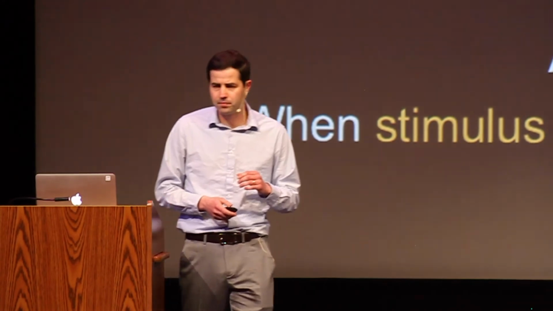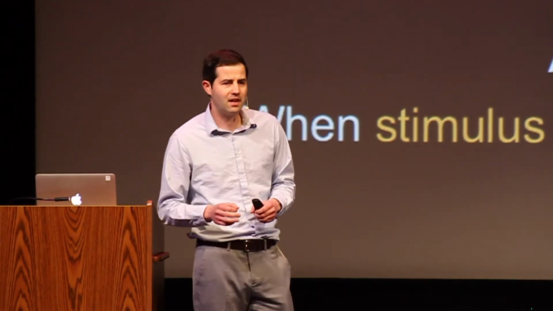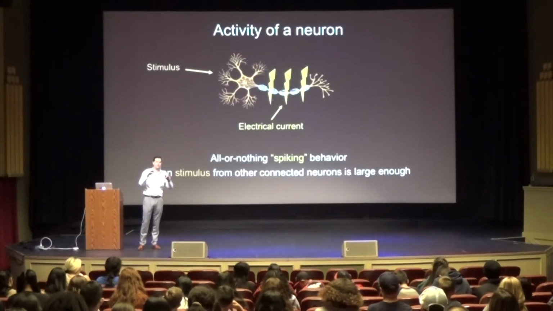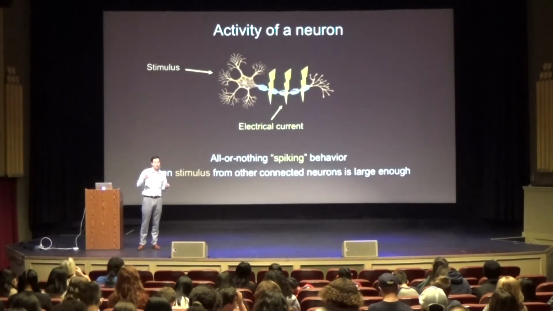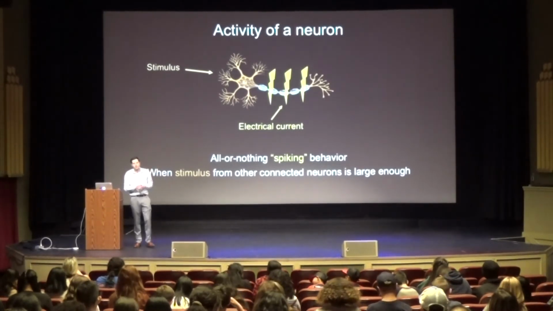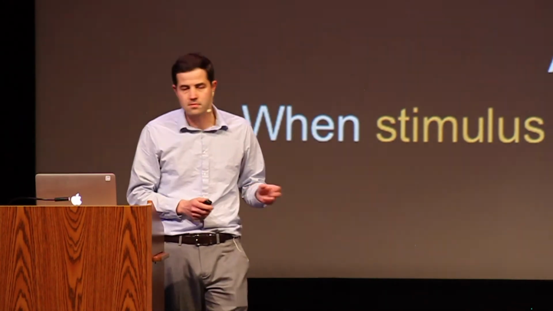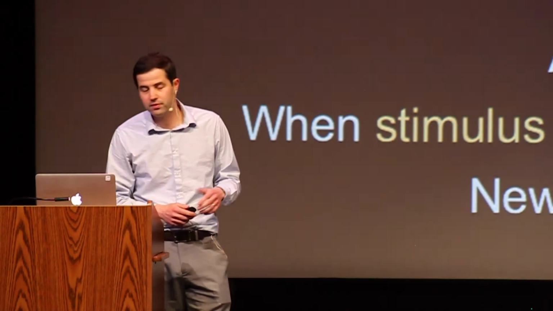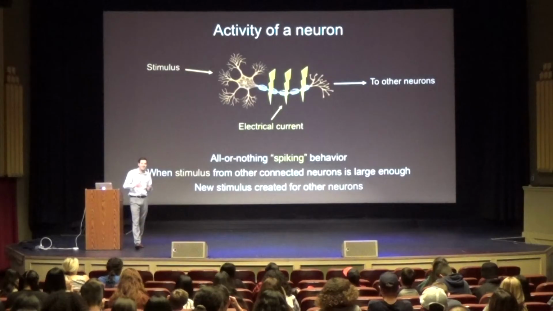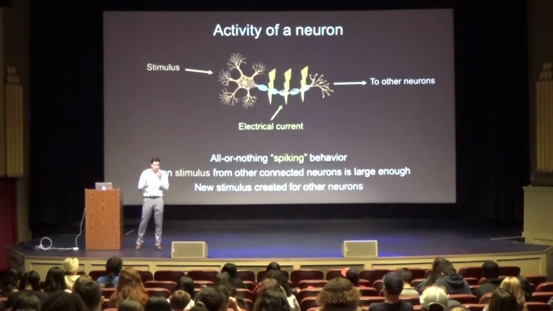So a neuron will decide to send a spike down its axon when there's a large enough stimulus coming into the neuron through its dendrites. When all of the signals coming into this one neuron are large enough, reaching a certain threshold, then this neuron will send a spike down its own axon, and through the axon terminals, it then connects to the other neurons.